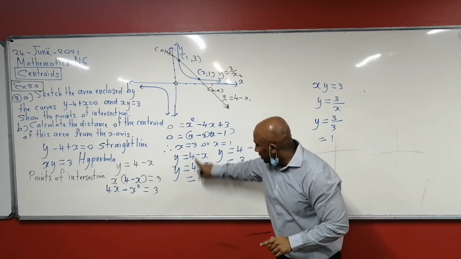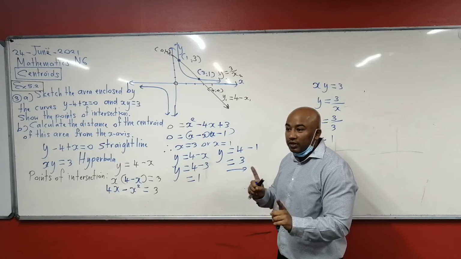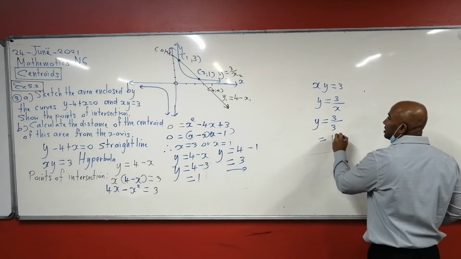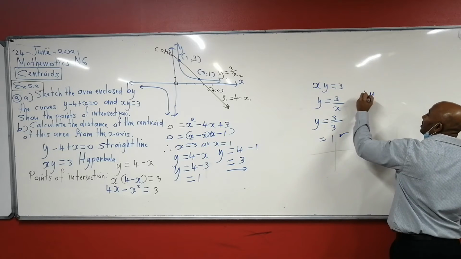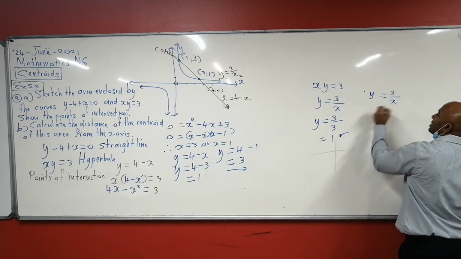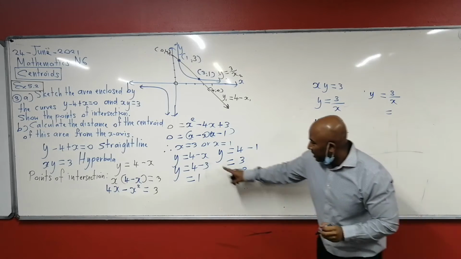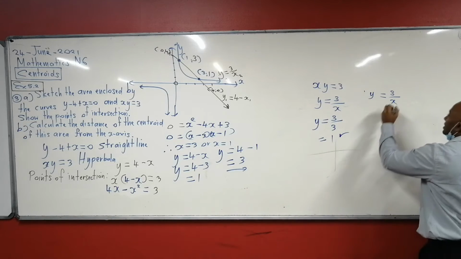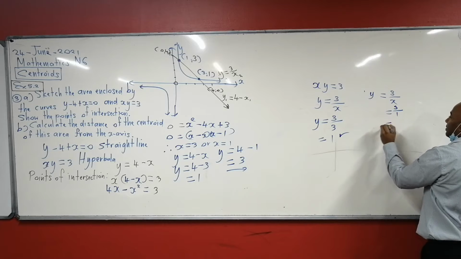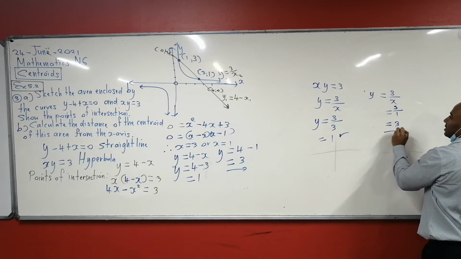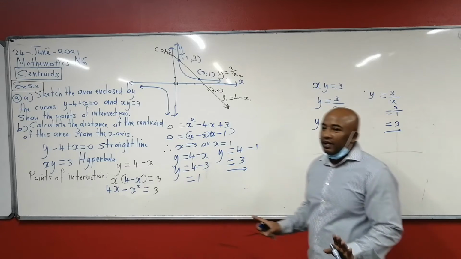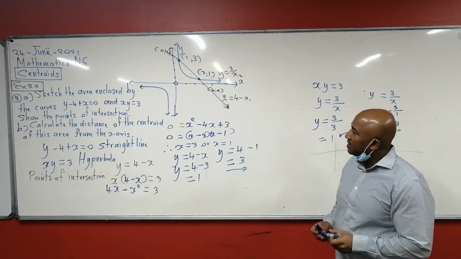When x is equal to 3, y is equal to 1, it satisfies both equations, not just one. So that is correct. Let's test out the other one, y is equal to 3 over x, when x is equal to 1. So y is equal to 3 over 1, which is equal to 3. So you know that's correct, 1 and 3.